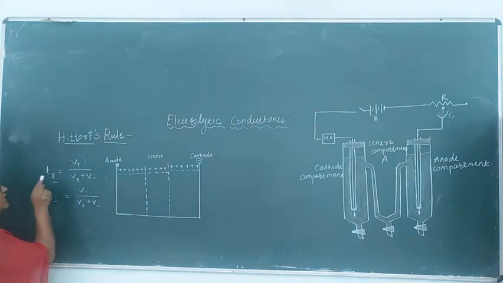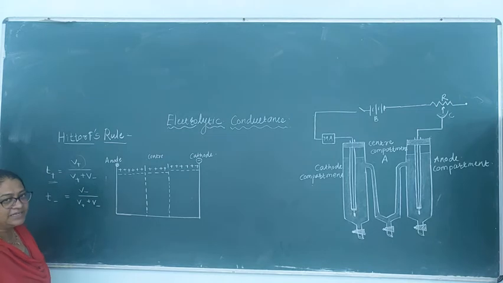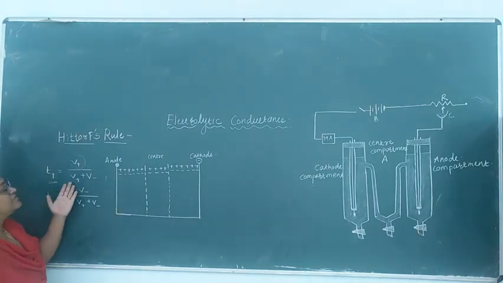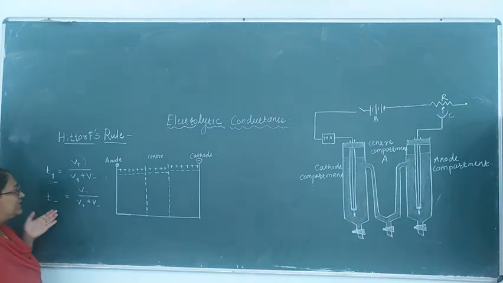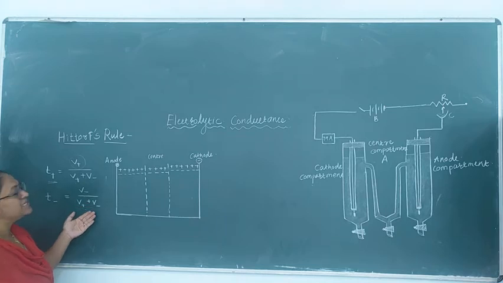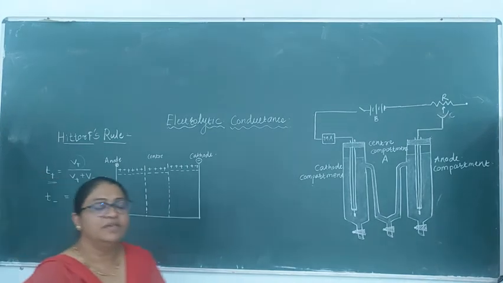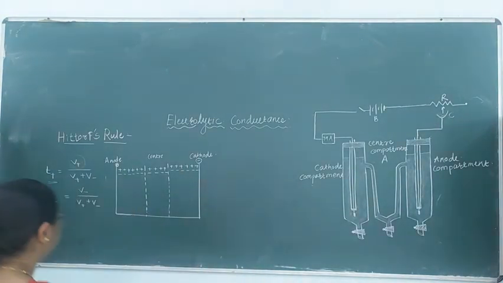Therefore you get the fraction of current carried by the ion. So T plus is equal to V plus divided by V plus plus V minus. Similarly, T minus is equal to V minus divided by V plus plus V minus. So this is how the transport numbers are related to the velocities.